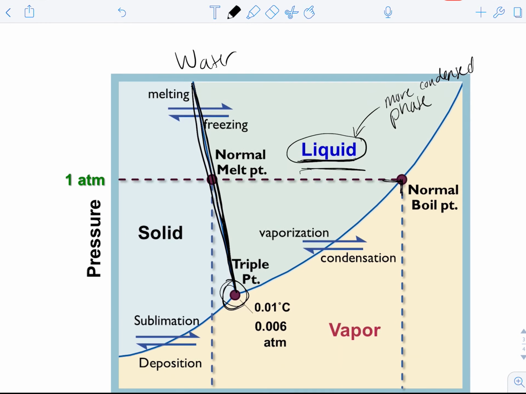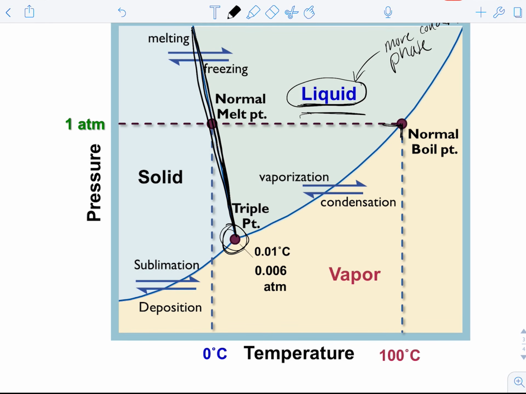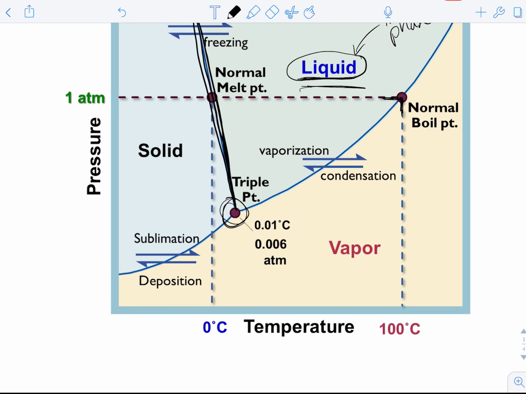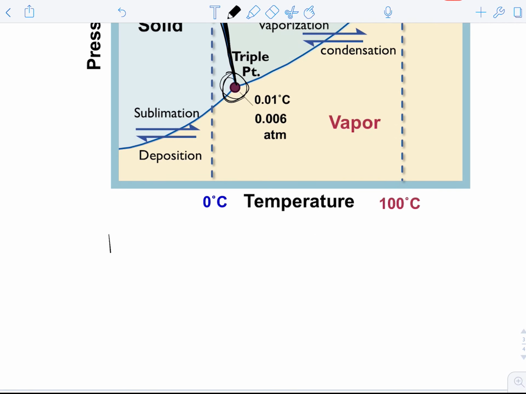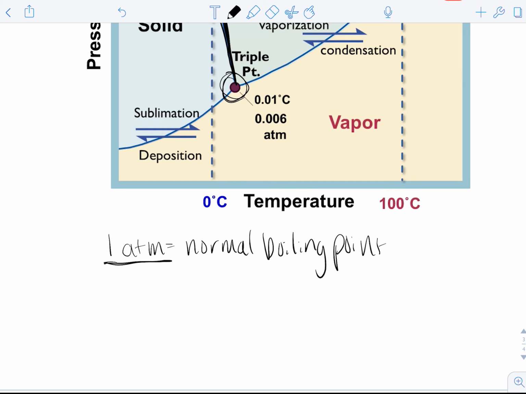And also, a thing that I haven't mentioned so far, something that should be a review from Gen Chem 1, but just in case. At 1 atmosphere, we should have what's called our normal boiling point. So 1 atmosphere gives us our normal boiling point. It's just normal because we are at that 1 atmosphere.